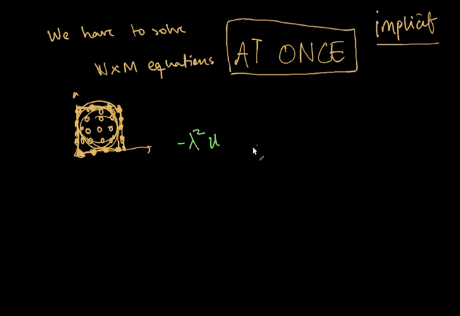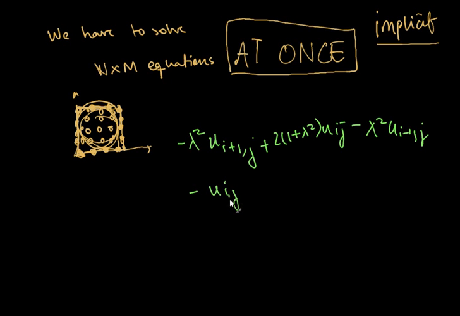Minus lambda squared times u_{i+1,j} plus 1 plus lambda squared u_ij minus lambda squared u_{i-1,j} minus u_{i,j+1} minus u_{i,j-1} equal, well, not 0, because we're not dealing with Laplace's equation, we're dealing with Poisson's equation. And because I won't tell you what's over on this side, I'll just call it question mark.